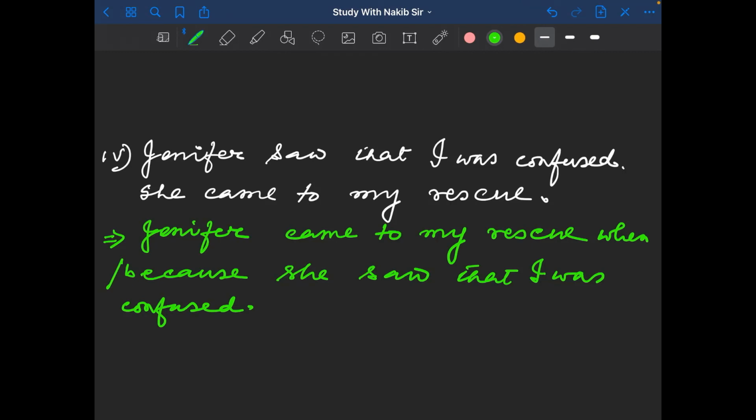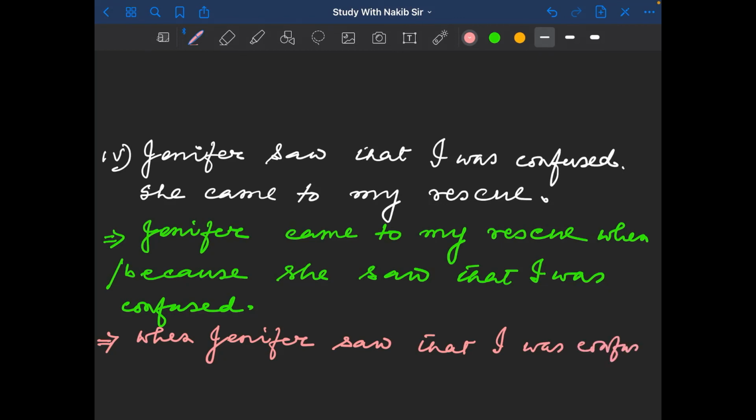Another way you may write these two sentences, that when Jennifer saw that I was confused, she came to my rescue.